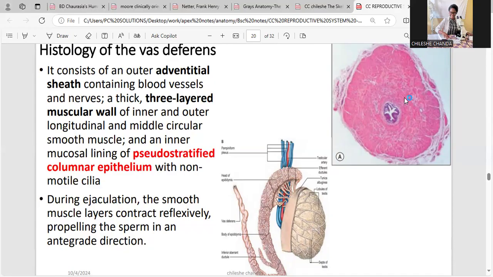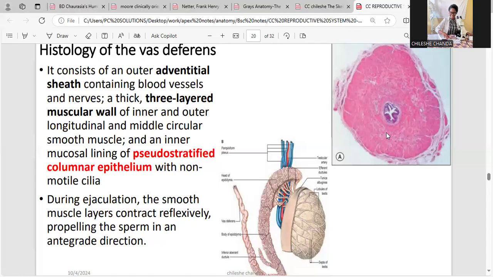And this thick muscular layer has 3 layers of muscle. It is also made up of a pseudostratified columnar epithelium. These layers are a 3-layer muscular wall of inner and outer longitudinal, so we have an outer longitudinal layer and an inner longitudinal layer.